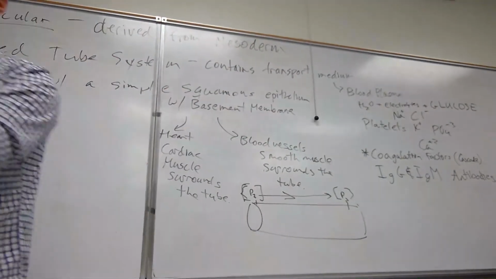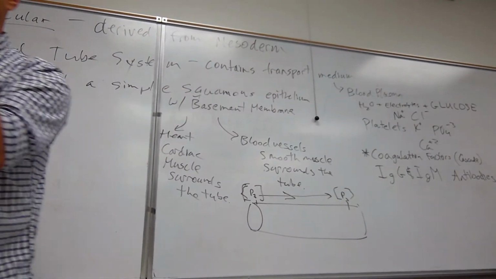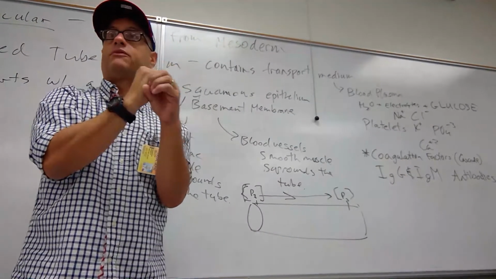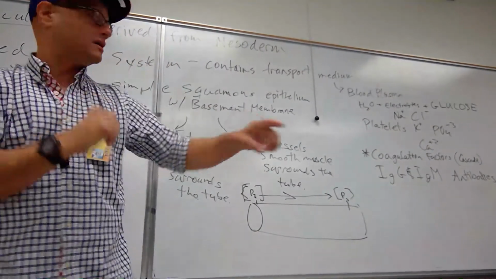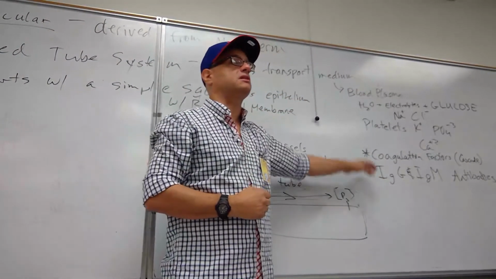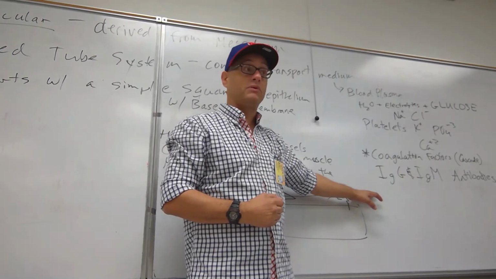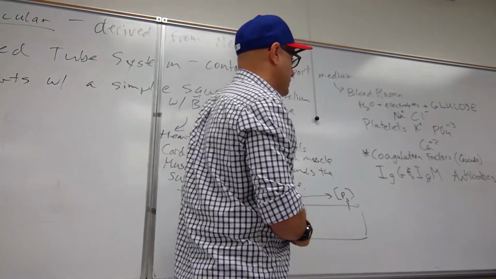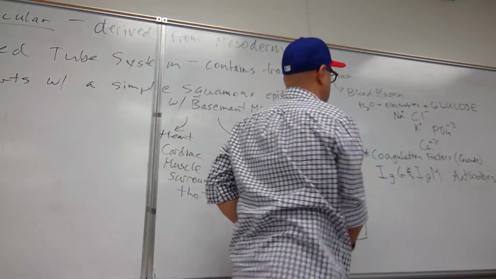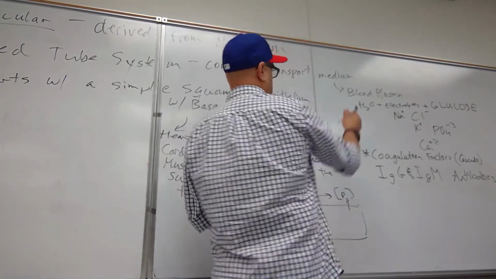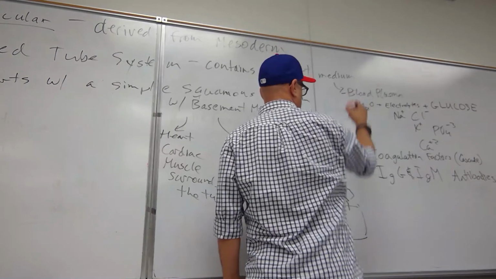Your left ventricle's job is to feed the systemic circuit. It's to kick blood out everywhere. That blood is all of this plus red blood cells, white blood cells, and platelets. You got me, guys? Very important. So we can erase platelets from here, and write it as a separate classification.